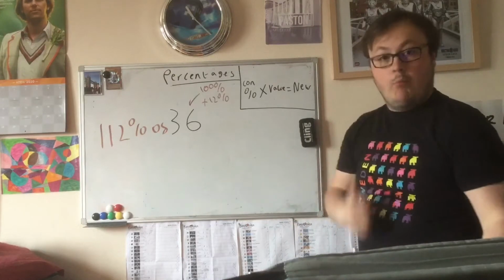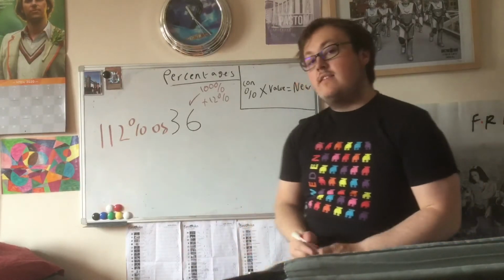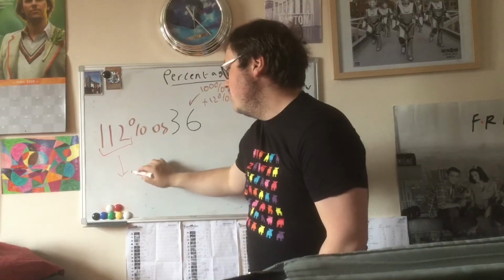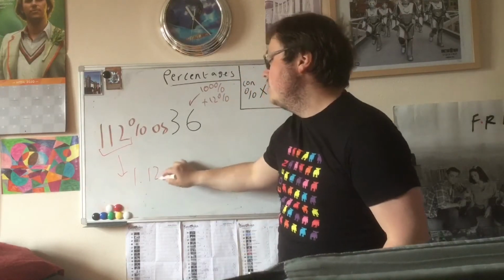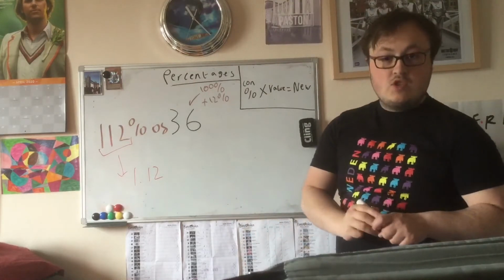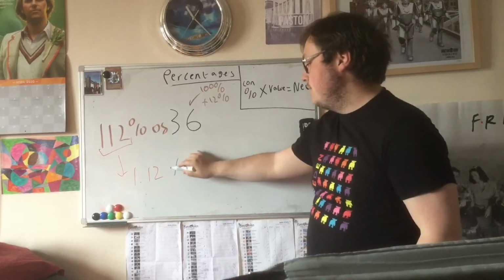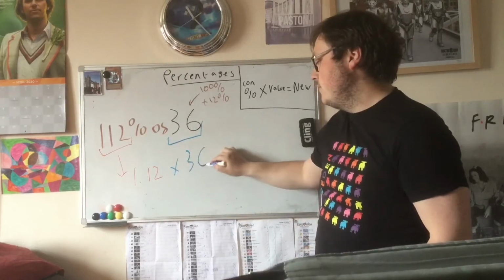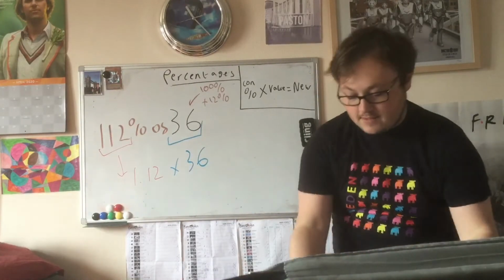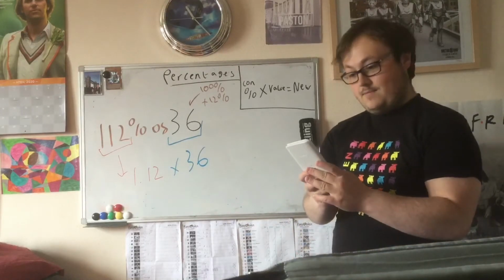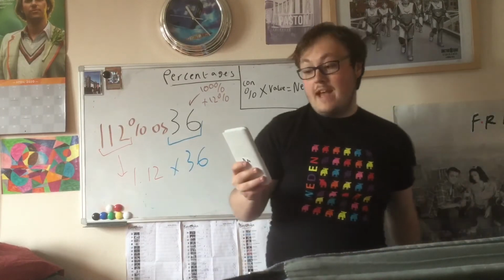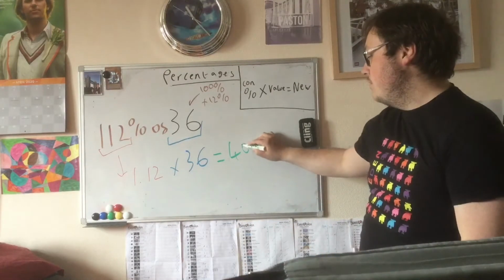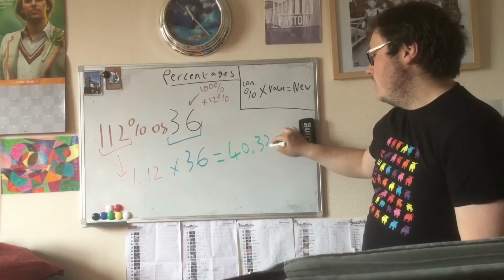So, step 1, convert the percentage into a decimal. So I turn that into 1.12. And in step 2, you multiply that by the original value. And from that, get on with it, you will get your answer, which is 40.32.